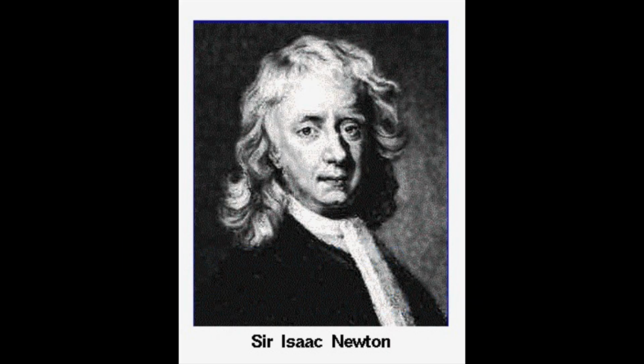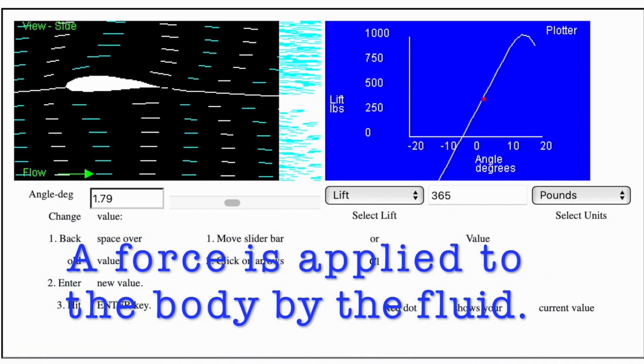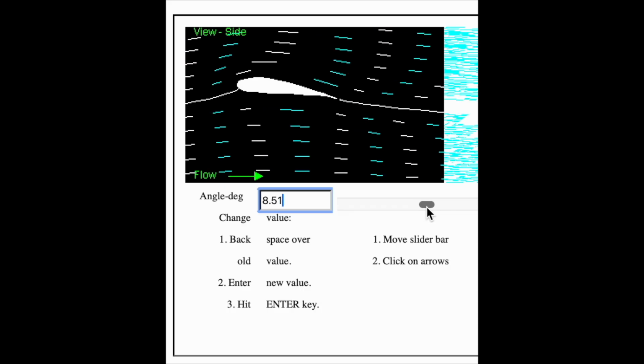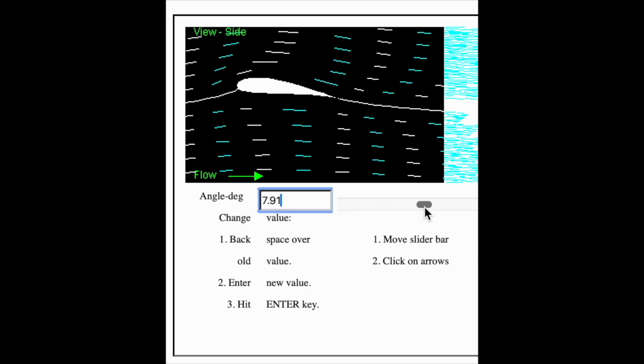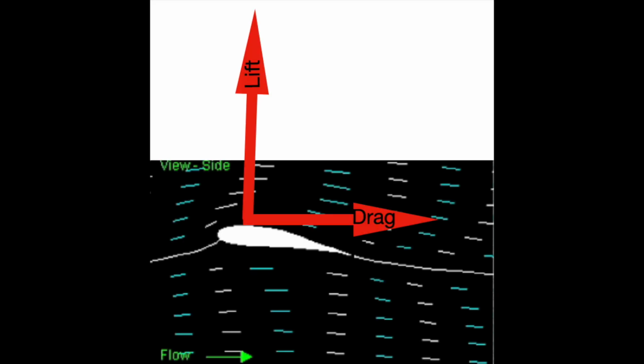In response, a force is applied to the body by the fluid, Newton's third law, and that force is resolved into a force in the direction of the initial fluid motion, drag, and a force perpendicular to the fluid motion, lift. A change in velocity in one direction can cause a change in velocity in a perpendicular direction in a fluid.